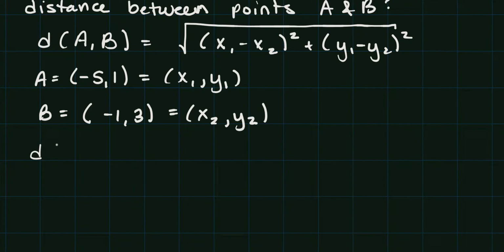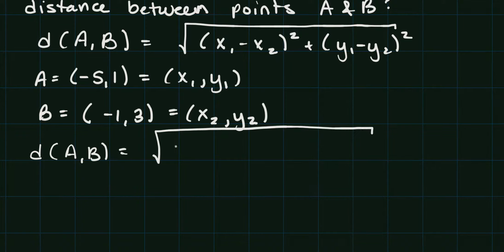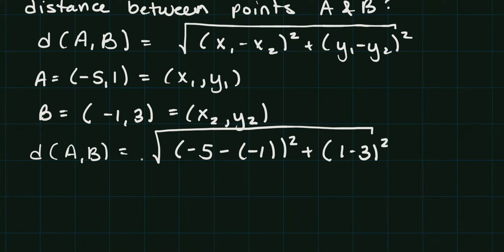So the distance between A and B is the square root of -5 minus -1 squared plus y1 minus y2, 1 minus 3 squared.